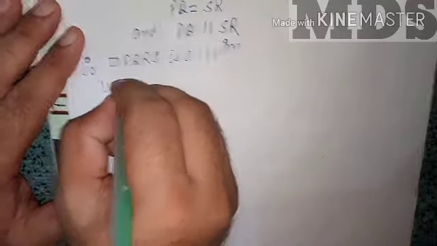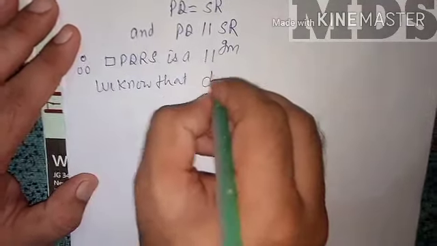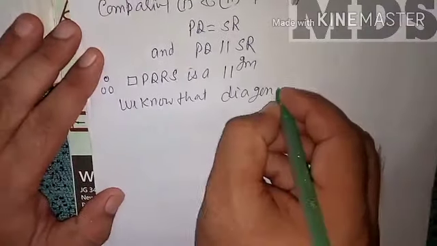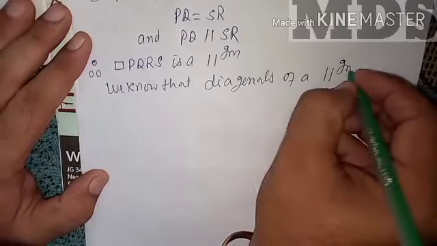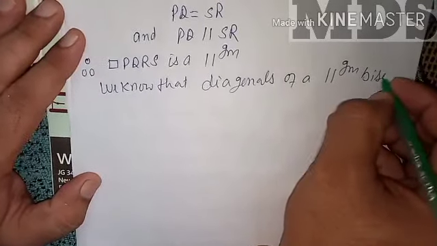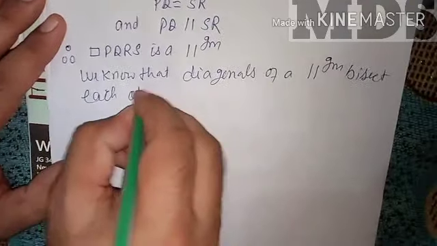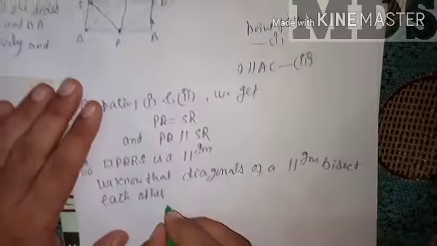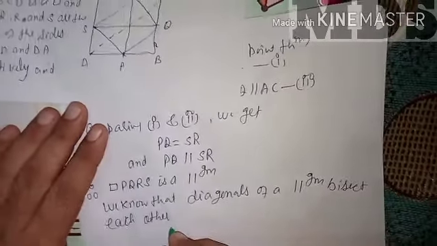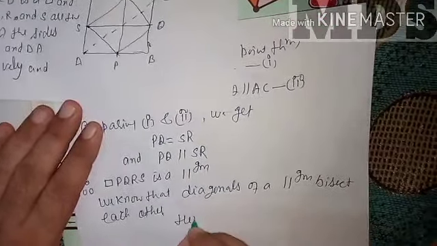We know that diagonals of a parallelogram bisect each other. Hence result.